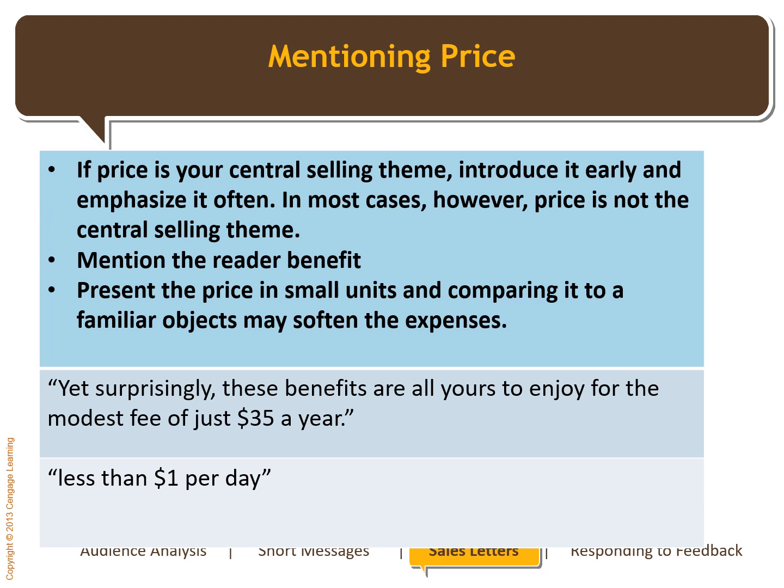And then you need to mention and present the price in small units, and also compare it to familiar objects that may soften the expenses. What that means is that you need to show how your price is actually not very high if you compare it to other daily expenses, for example.